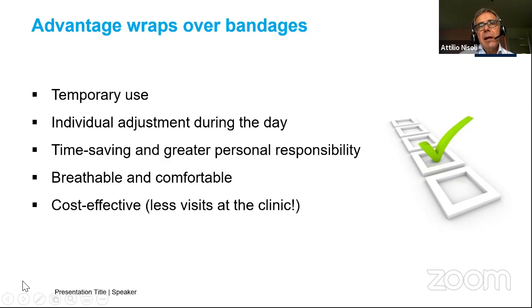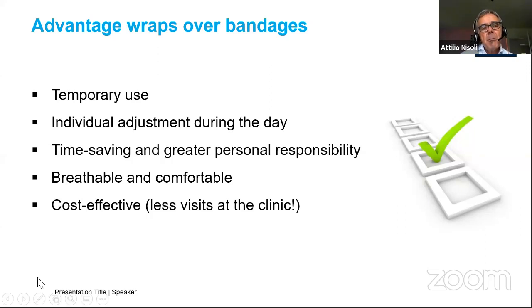And looking at the costs, I would say here we have an advantage because the adjustability gives the patient more options, and maybe they don't need to visit the clinic as often as they need to do with other devices.